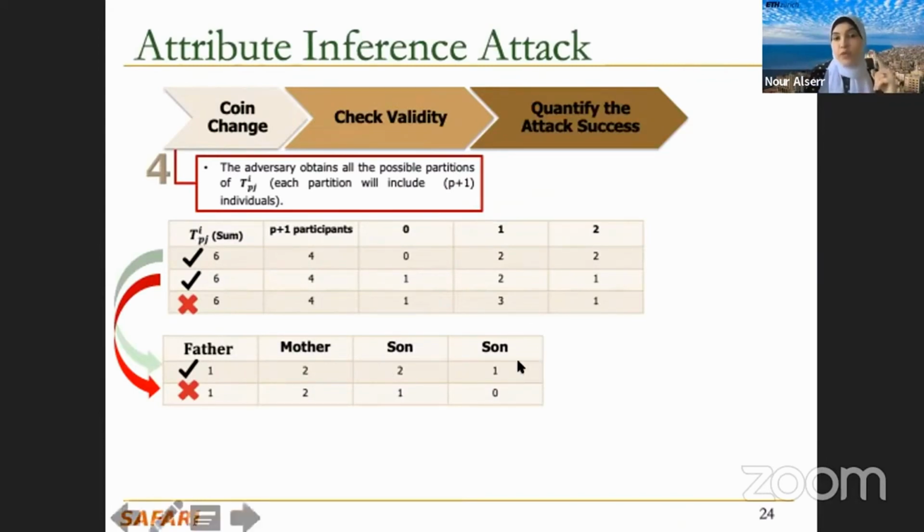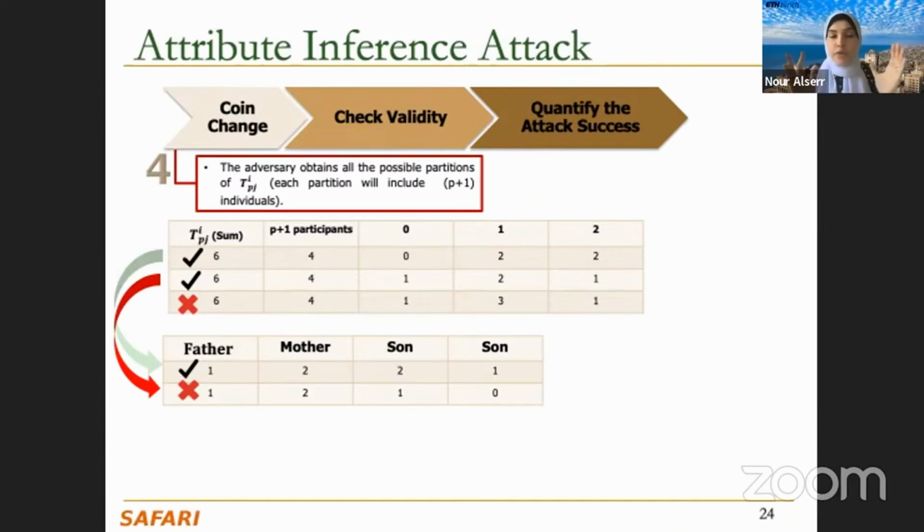So the adversary will choose the permutation with the highest probability. Again, he will use Mendel's law. If you remember, in Mendel's law we have probabilities. The son can be 1 with 50% or 2 with 50%. In that case, the son can be 1 or 2 with the same probability, so he can pick one of them, for example. Sometimes they can say no, the son has a 50% probability of having 1 but 25% of having 2, then I'm choosing the value of 1 for him.